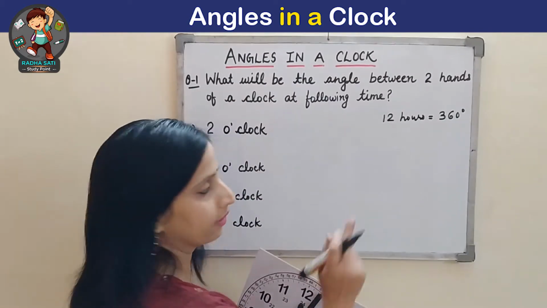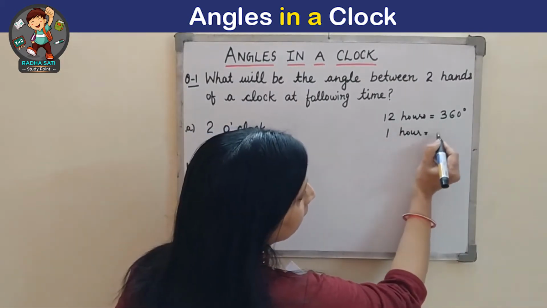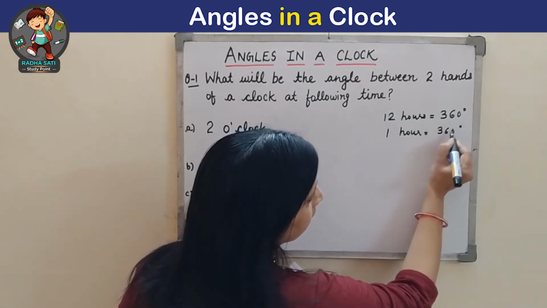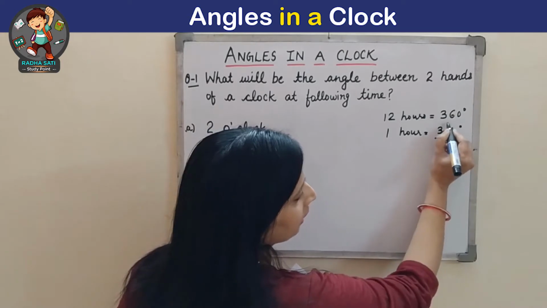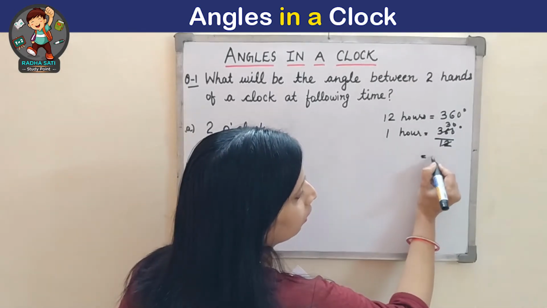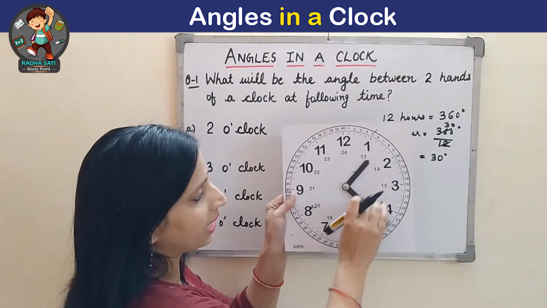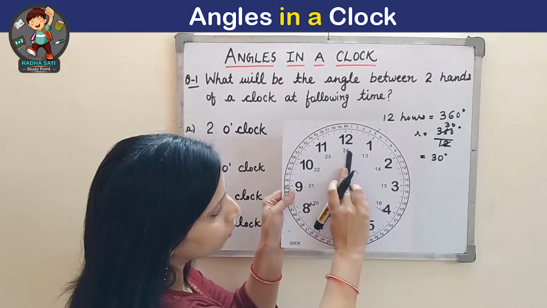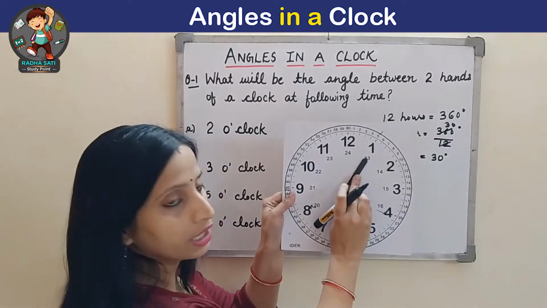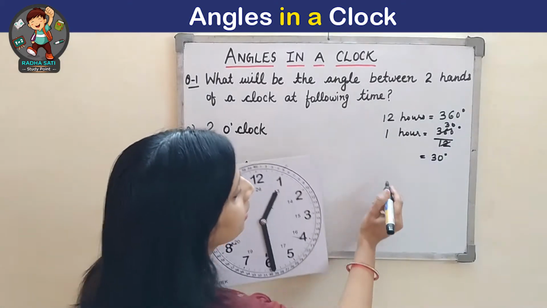Then in 1 hour the angle formed by the hour hand will be 360 degrees divided by 12. That means 12 threes are 36, so 30 degrees. So every time this hour hand moves from one number to another number, it forms an angle of 30 degrees.